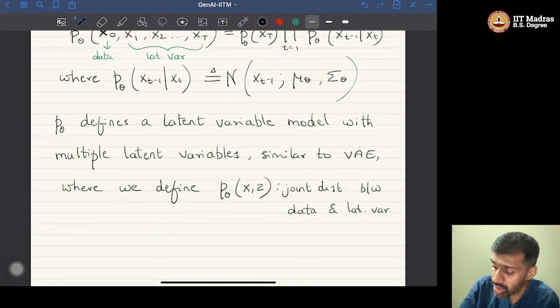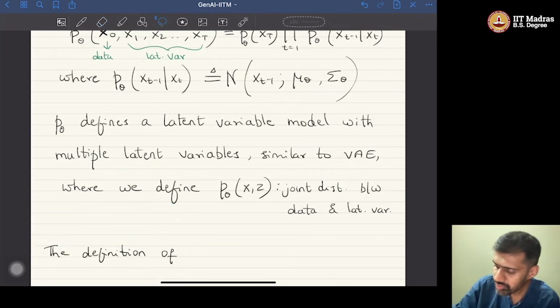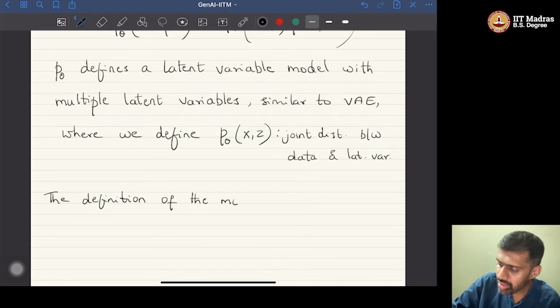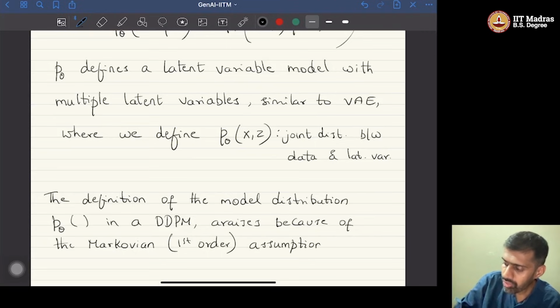The definition of the model distribution p theta in a DDPM arises because of the Markovian assumption, specifically the first order Markovian assumption in the reverse direction.